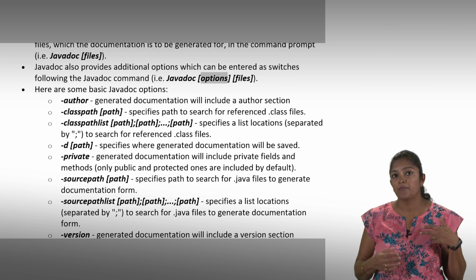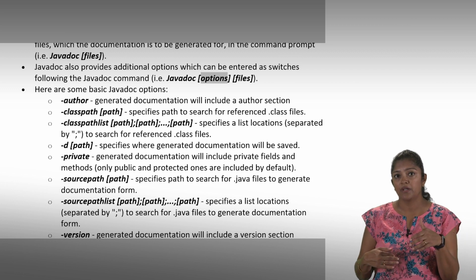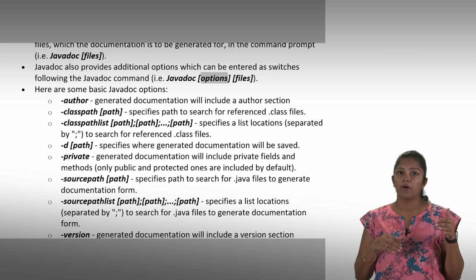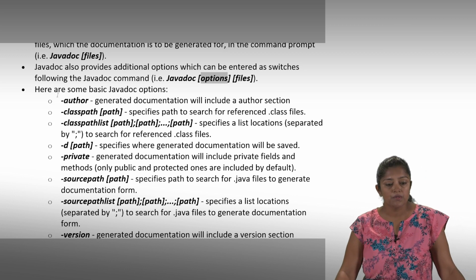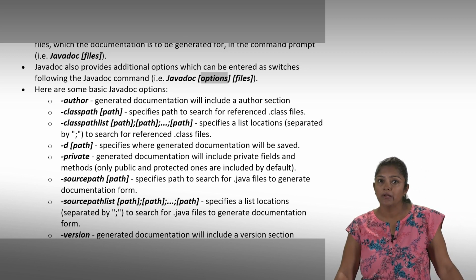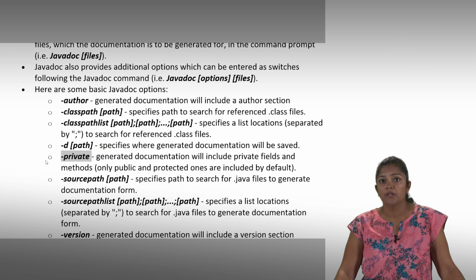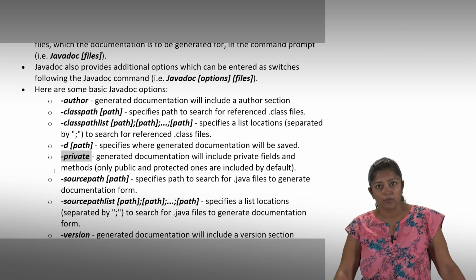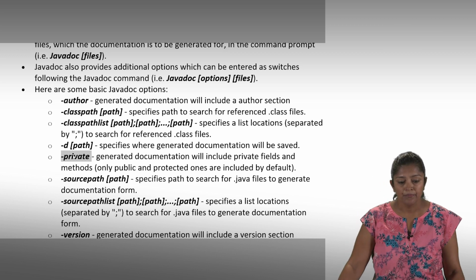When you generate the documentation, it's up to you whether you want to show the author section or not. Using the -author option will include the author section. Similarly, using the -private option will include all the private methods. Otherwise, by default, only the public and the protected ones are shown.